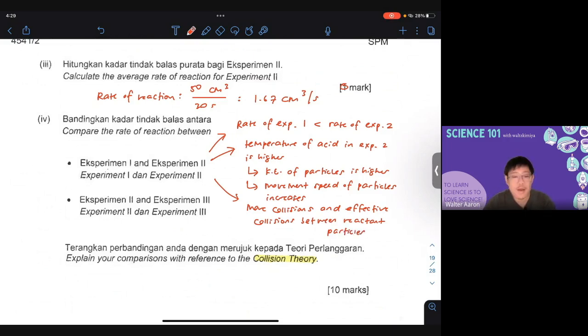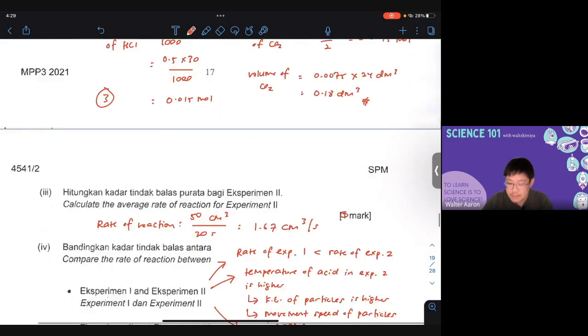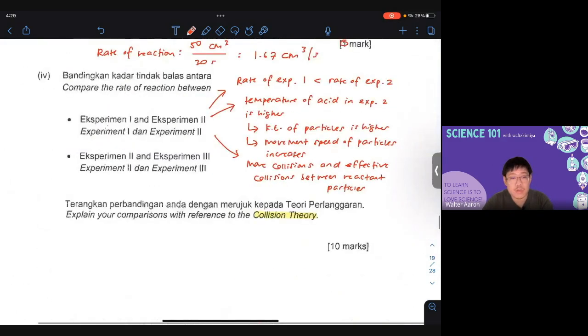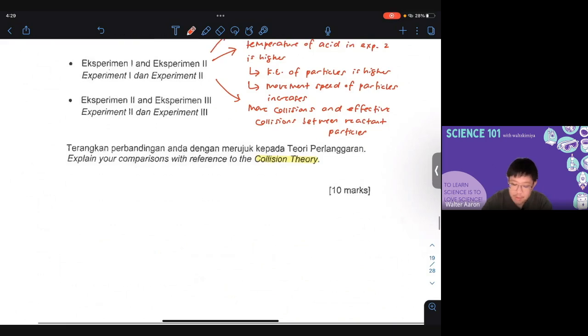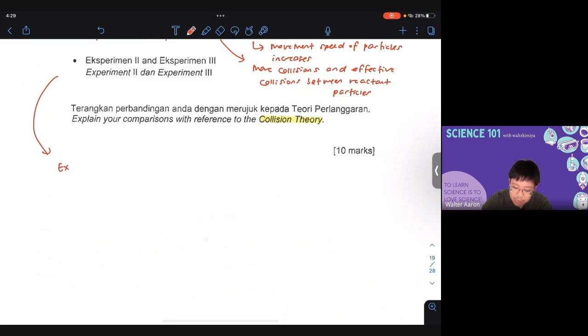So this one will give you 5 marks in total already for the first comparison. And then the second comparison is based on concentration. Concentration you must explain also in the form of more H plus ions present inside and whatnot. So this is a comparison between experiment 2 and 3.